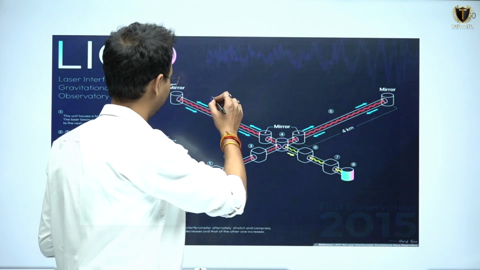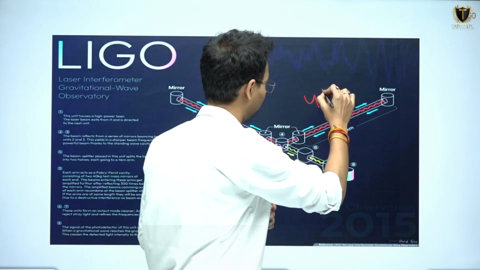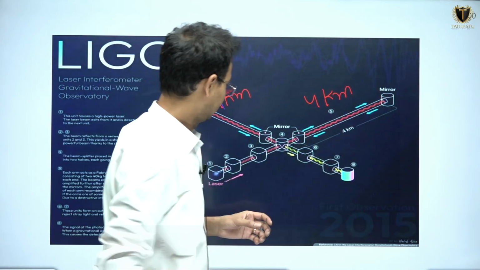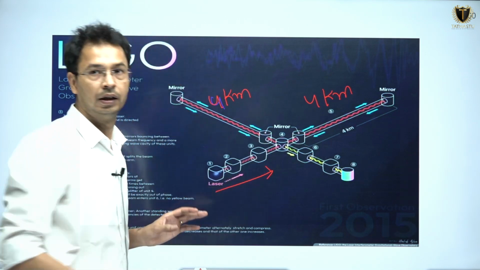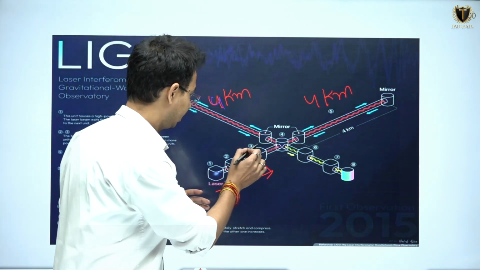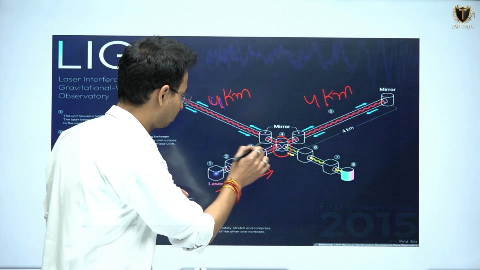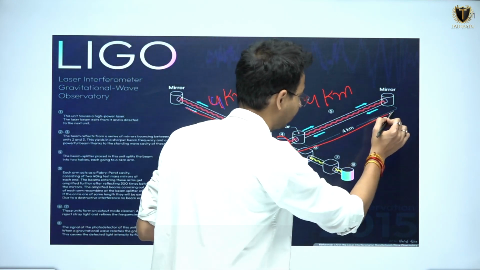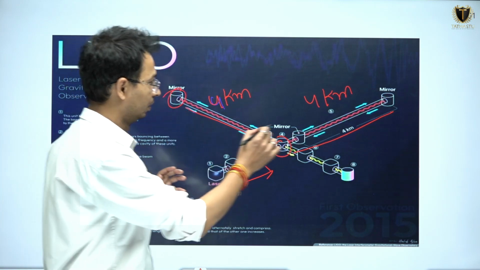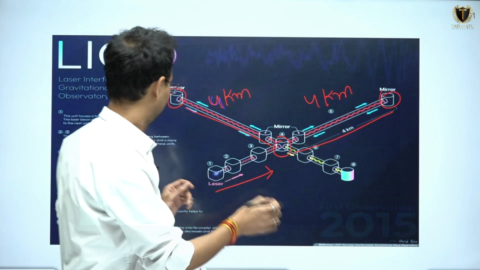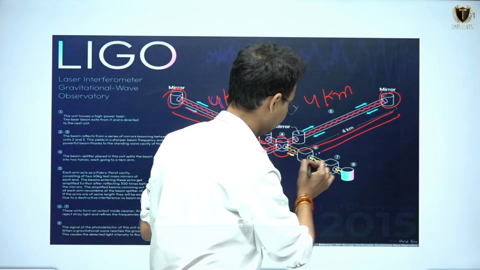In the LIGO there are two arms of 4 kilometers each, and from here we send the laser. There is a splitter that splits this laser in these two directions, and there is a mirror. The mirror throws these laser beams back.